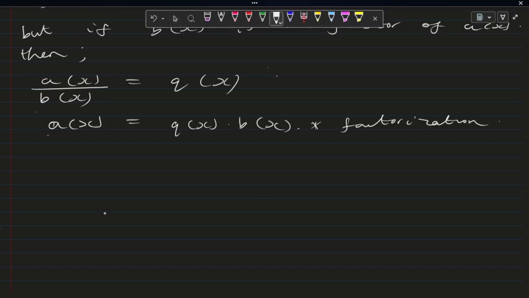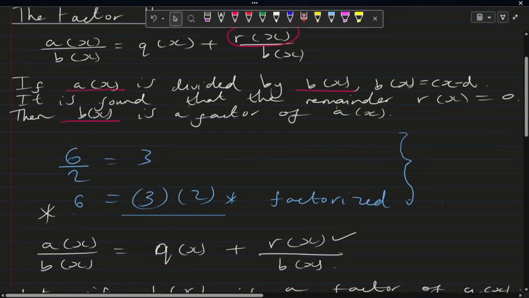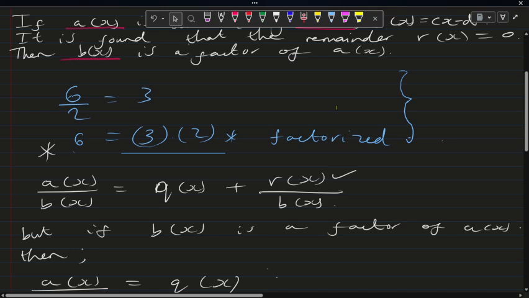Let's call that b of x, and then from there we will use this situation to determine the value of q of x, and then after that you will express a of x as a product of its factors.